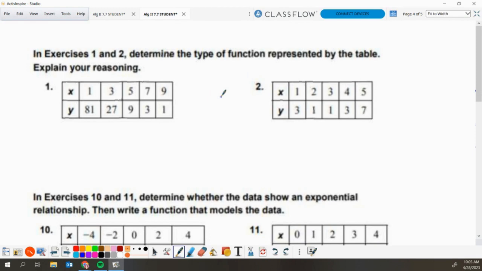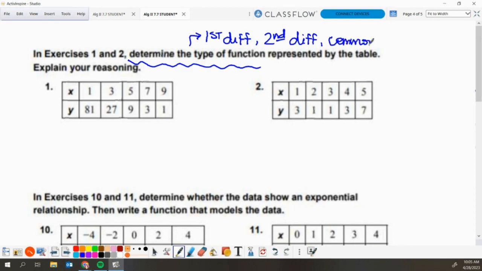Do y'all feel like we need a little more practice on that? Or are we feeling okay about first and second difference and common ratio? Feel like we're good? So when you see determine the type of function, that's where you do first difference, second difference, or common ratio.